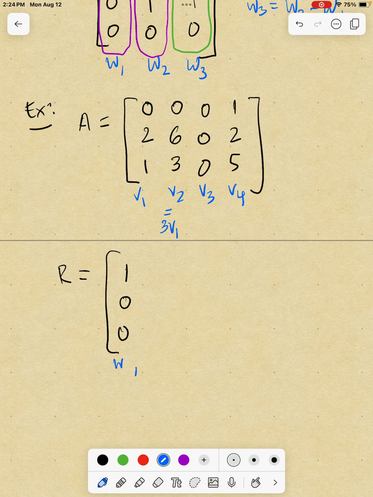So here's W1, and W2 needs to also be 3 times W1, so I'm going to have 3, 0, 0. What about W3? Well, let's look at V3. V3 is 0 times V1, so W3 must also be 0 times W1, and so I get 0, 0, 0.